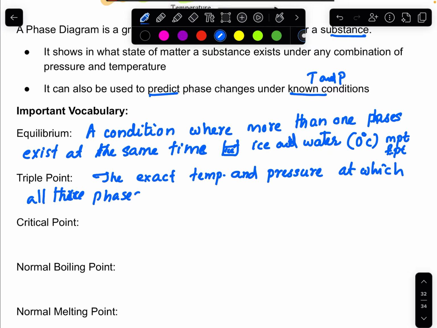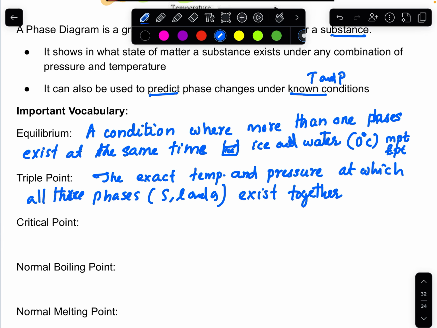Solid, liquid and gas exist together. They are all in equilibrium.